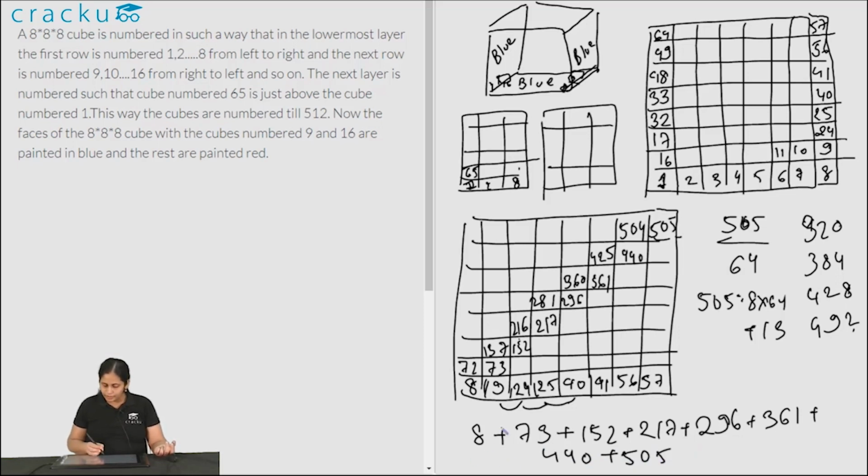So if I try to take it, this is 81, this is 233, this is 250, 450 plus 300 minus 4, so 750 minus 4, so that is 747.